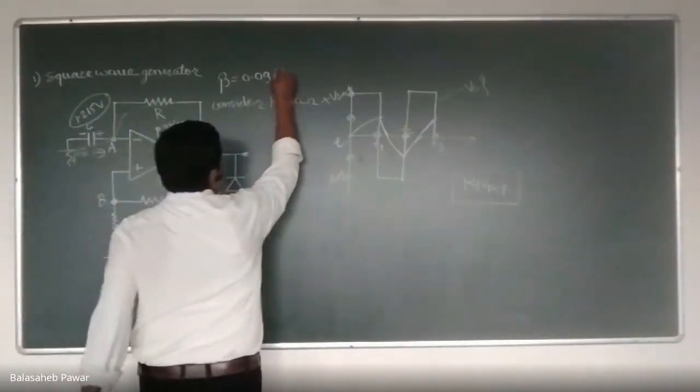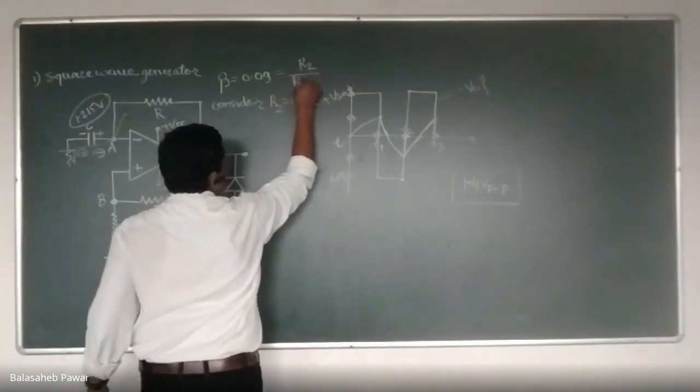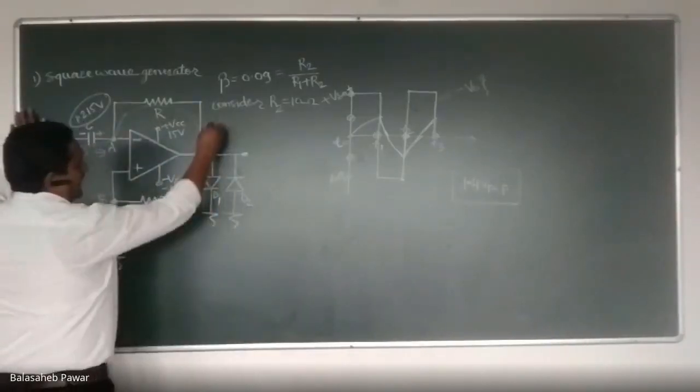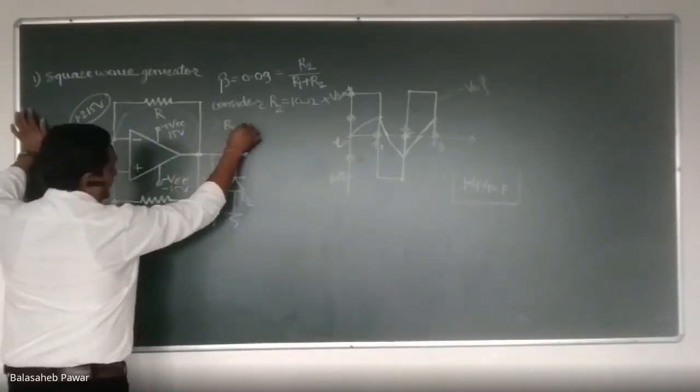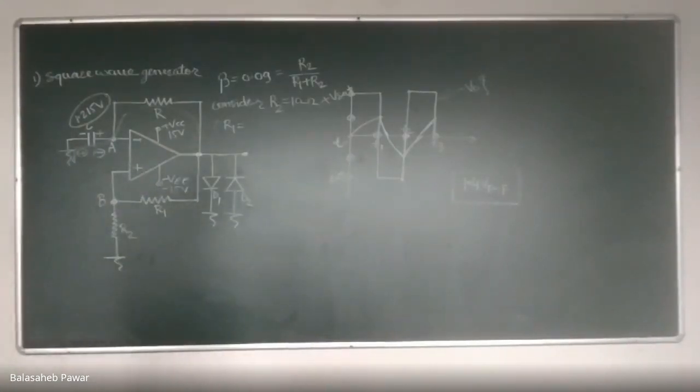This beta is nothing but R2 divided by R1 plus R2. Therefore, R1 equals, calculate it.